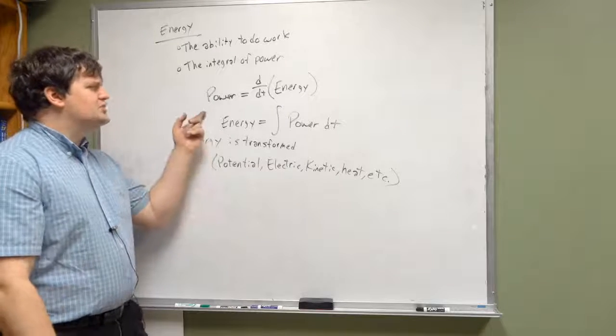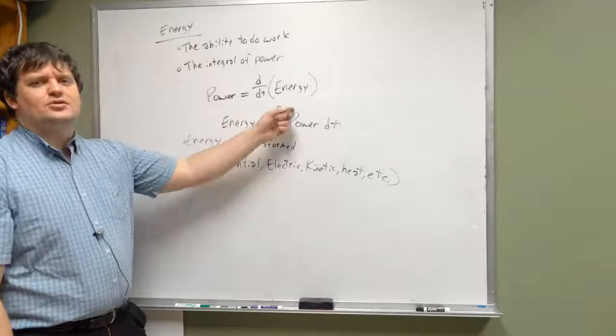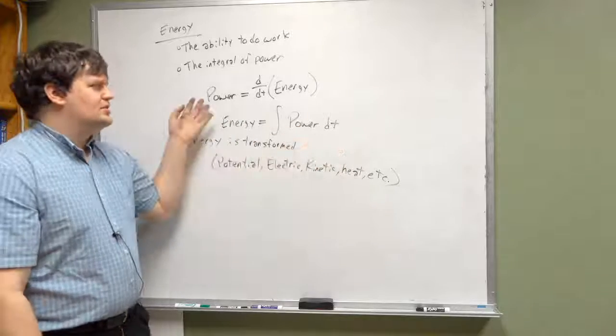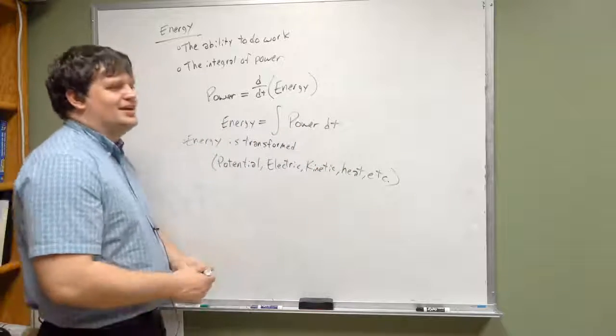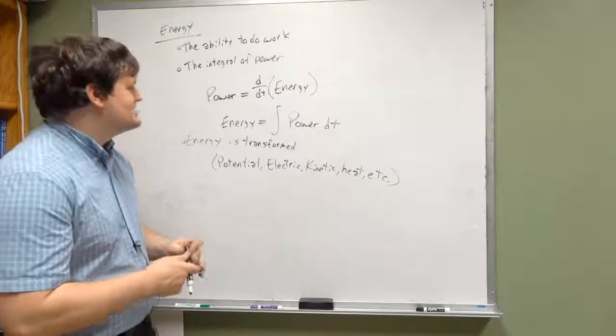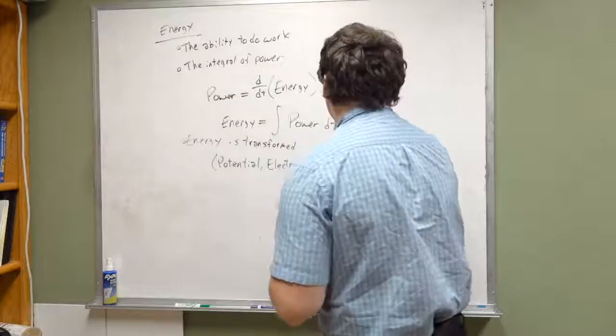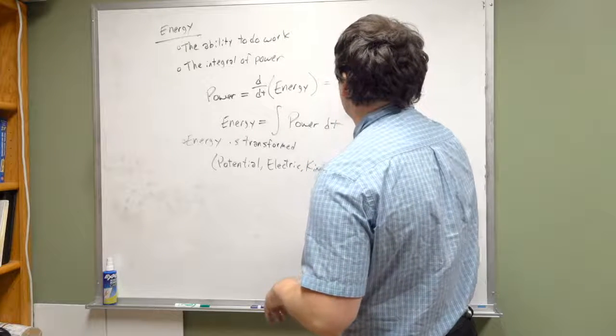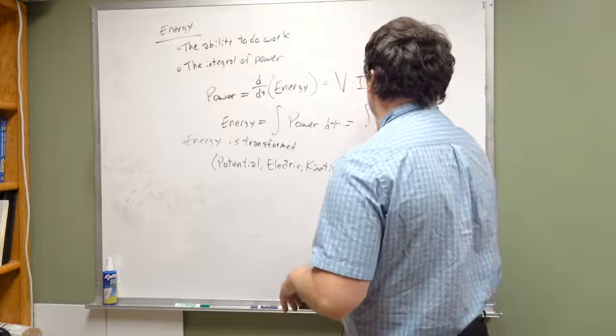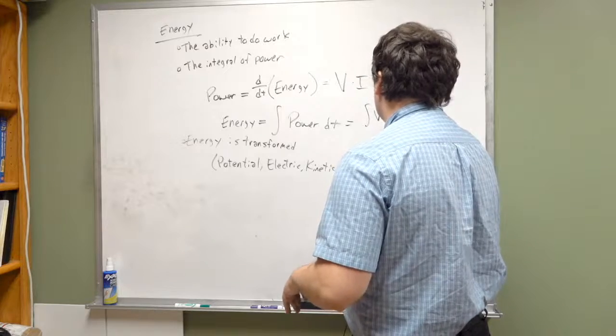For electrical circuits, because P equals VI, this equation is much easier. The equation for energy is not nearly as nice because it's the integral of power dt, and because power is equal to voltage times current, this is equal to the integral of VI dt.